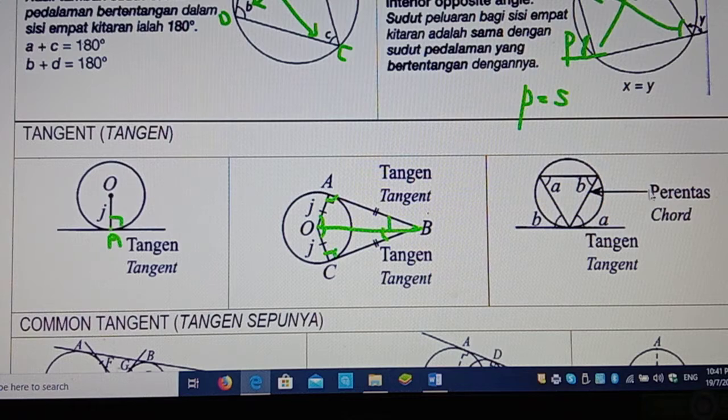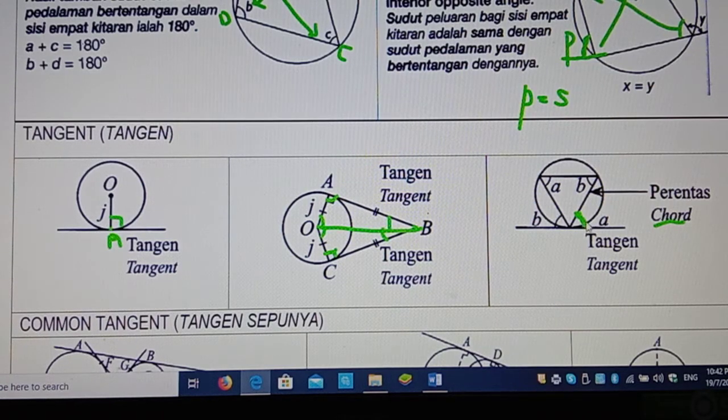Okay, the next one is when we draw, let's say, a triangle here in this circle. This line that passes through two points on the circle, we call a chord. When you draw a chord and a tangent, the angle here, A, is like an exterior angle.